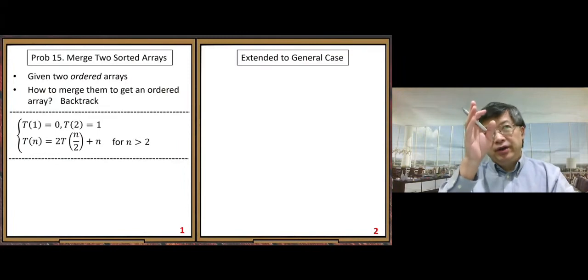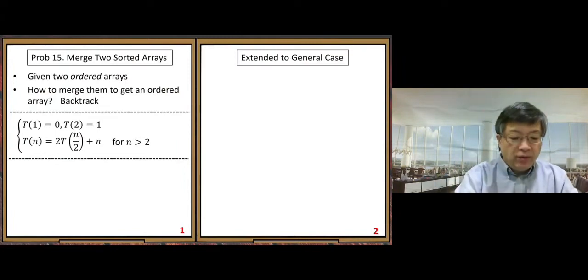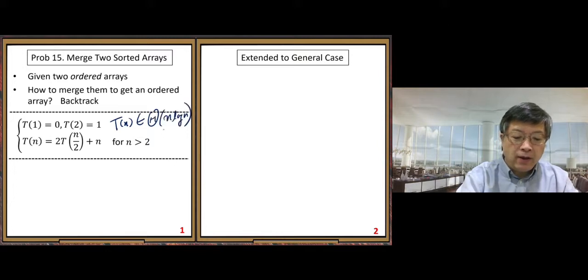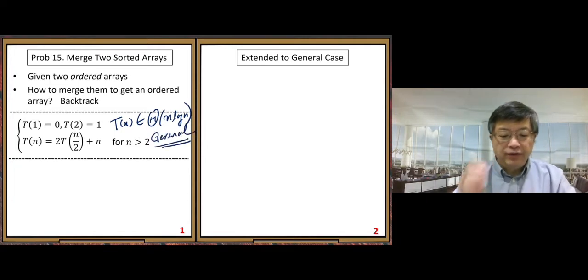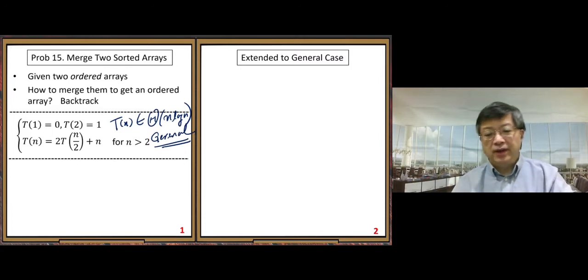First, our goal is still to prove that T of n is in big theta of n log n for the general case, not just powers of 2. We use the recursion tree to do it first.